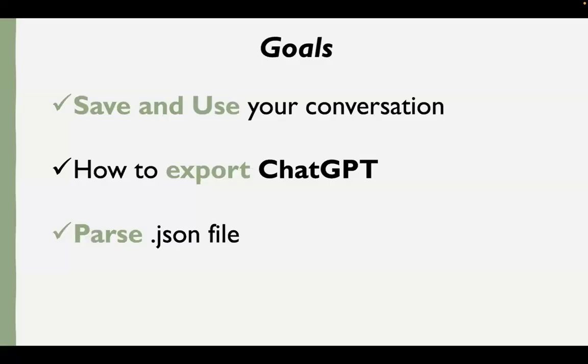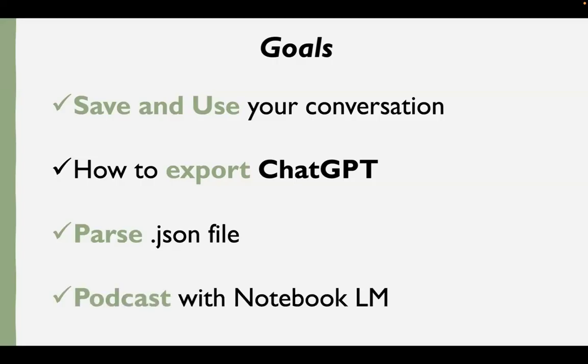Third, we'll show you how to export your ChatGPT data into a usable format, specifically from the JSON file you receive to a textual file. Finally, we'll use that data in one specific way to create a podcast using NotebookLM. Let's get started.